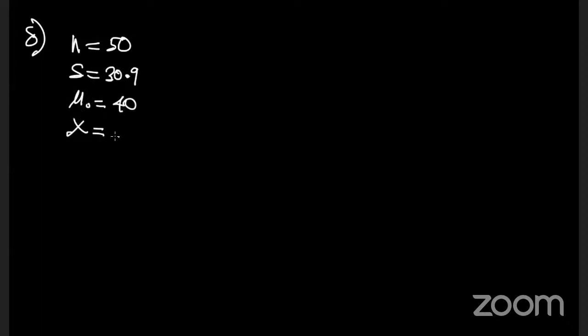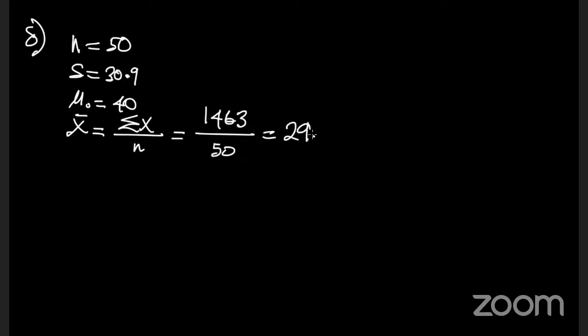If X is the number of pages a person copies on the store's copy machine, then the mean is summation X over n, which is equal to 1463 over 50, and that would be 29.26.